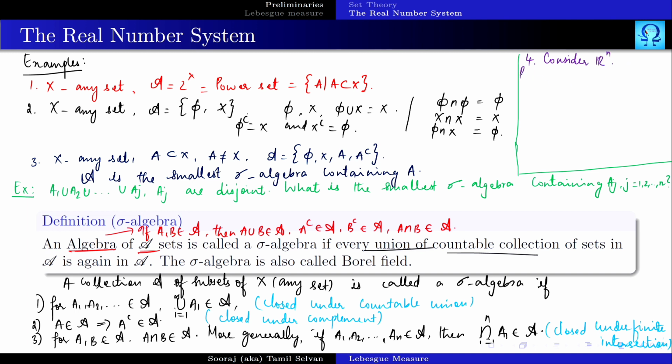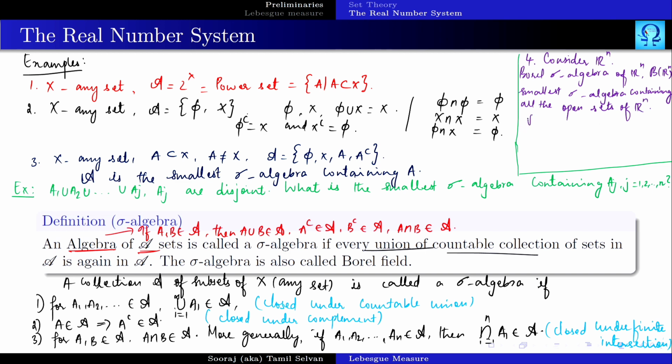Now we are going to define the Borel sigma algebra of R^n, which shall be denoted as script B of R^n, which is the smallest sigma algebra containing all the open sets of R^n.